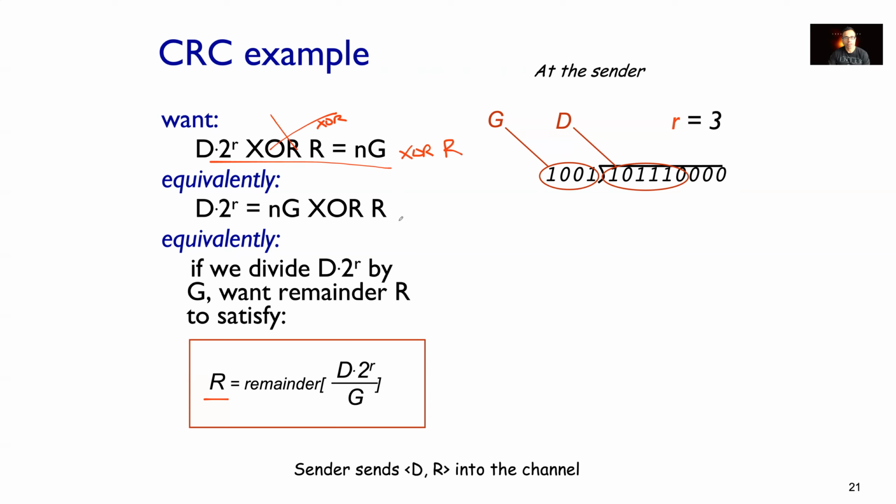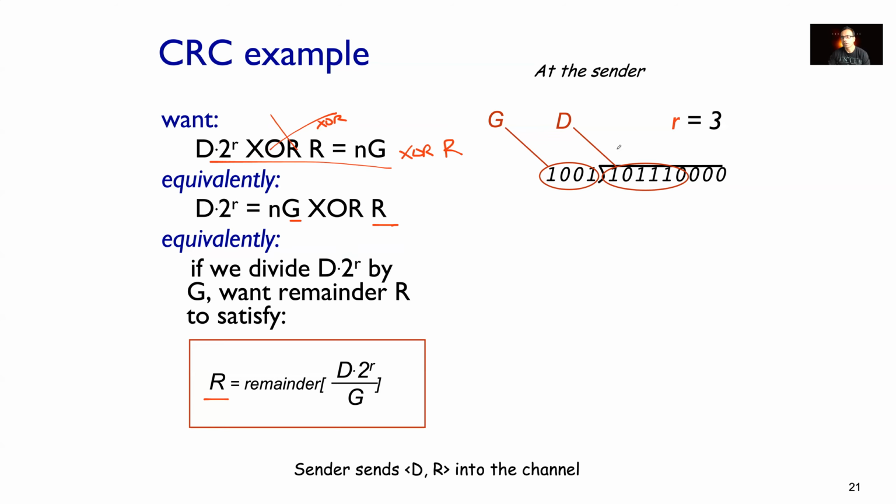Effectively, if we want to determine R, this means you divide D times the left shifted zeros by G. Whatever is the remainder is what you would be adding at the sending side.